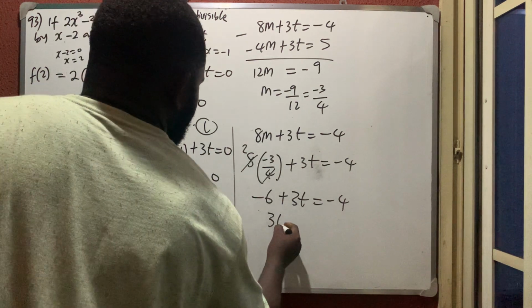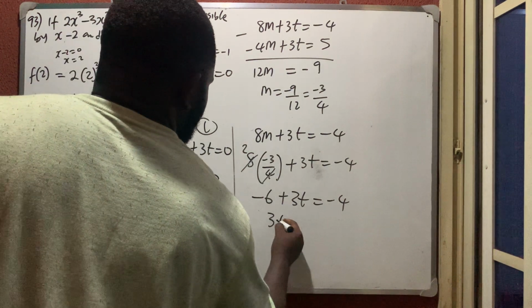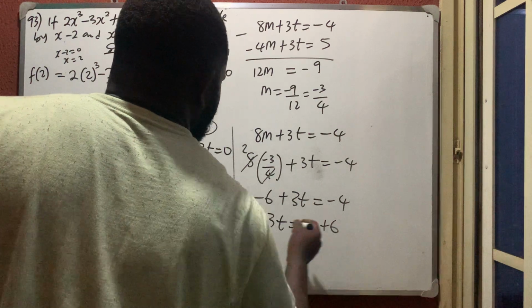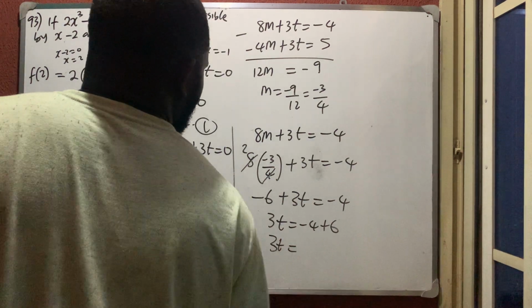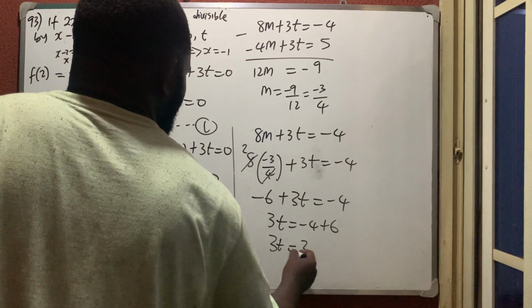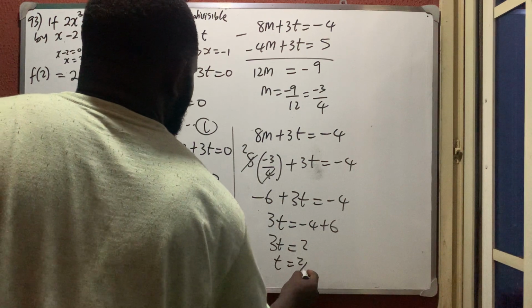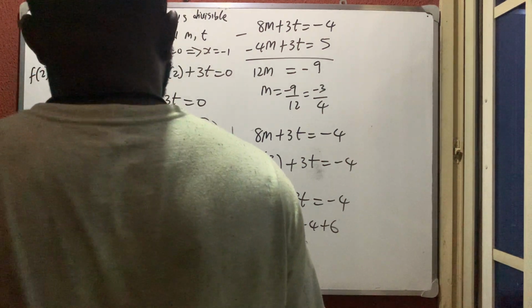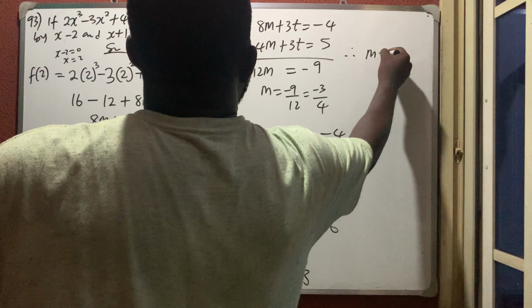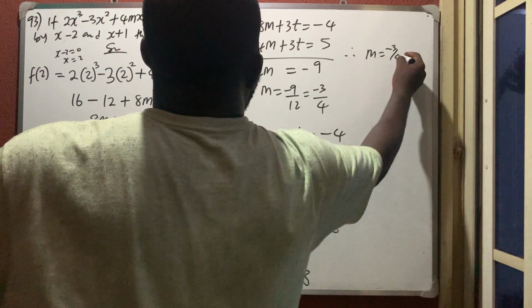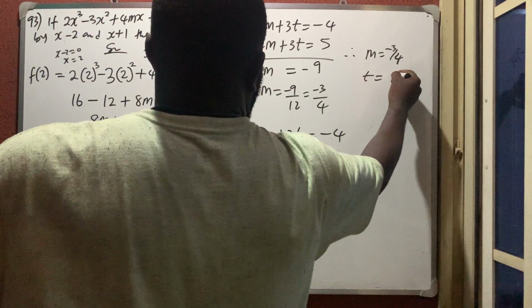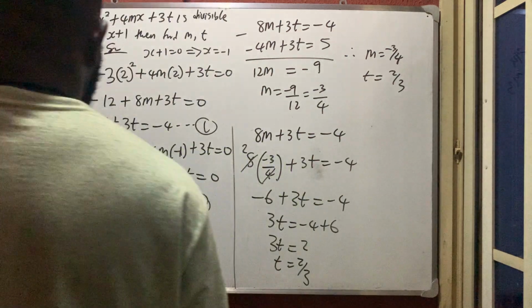So therefore 3t is equal to minus 4 plus 6. So 3t is equal to 2. So t is equal to 2 over 3. So very simple. Therefore my m is equal to minus 3 over 4 and my t is equal to 2 over 3. So that is that.